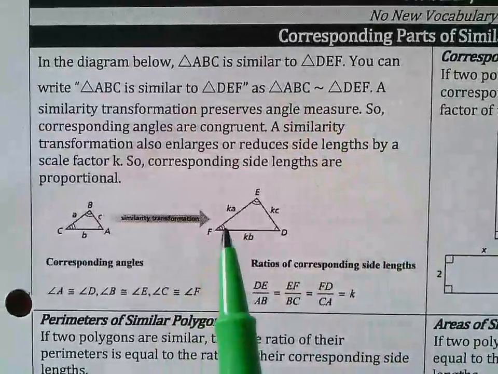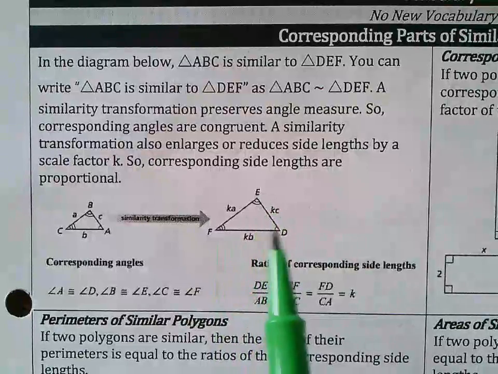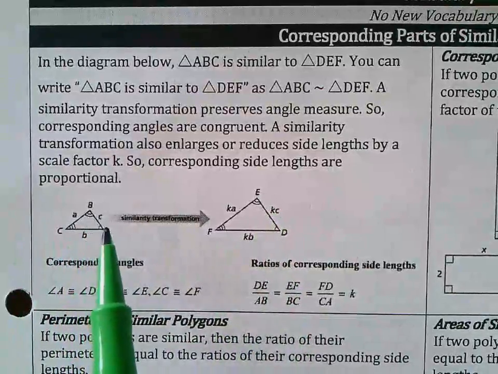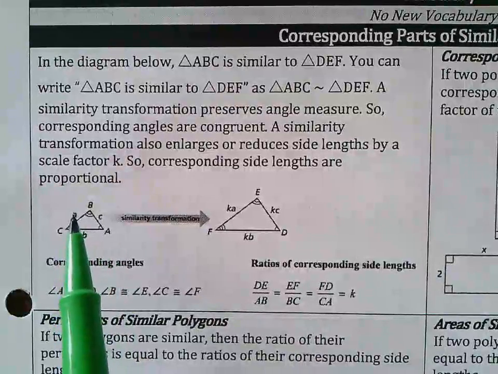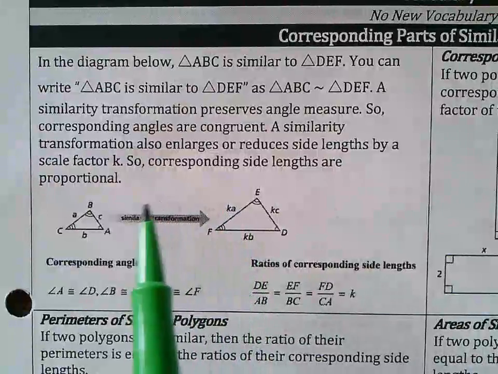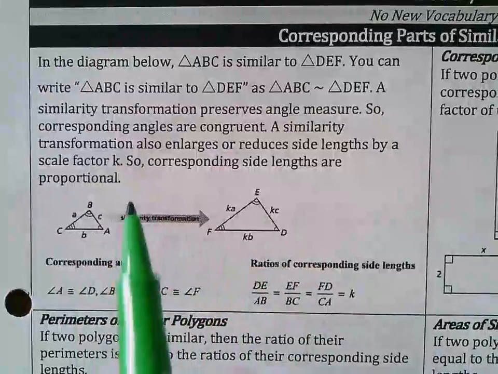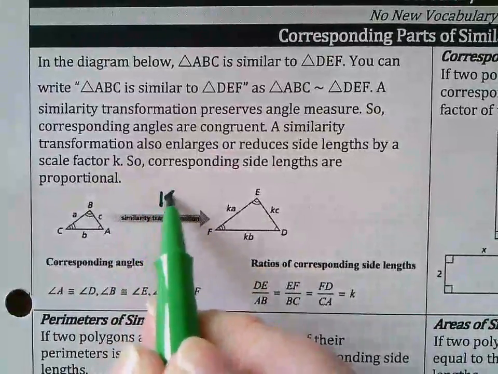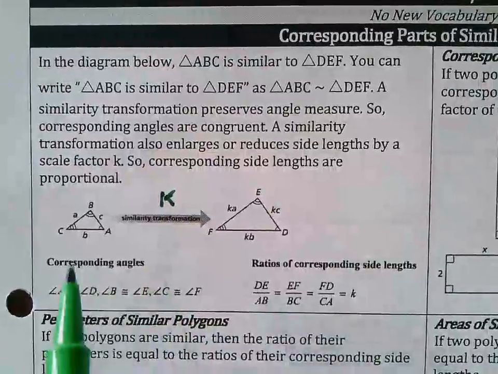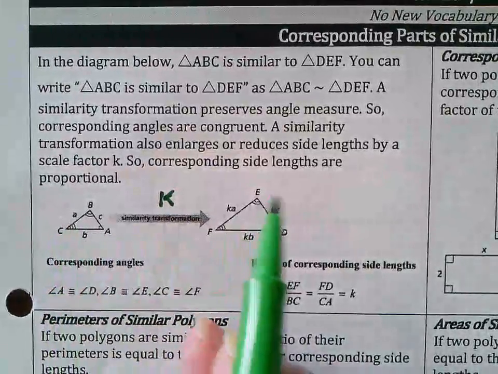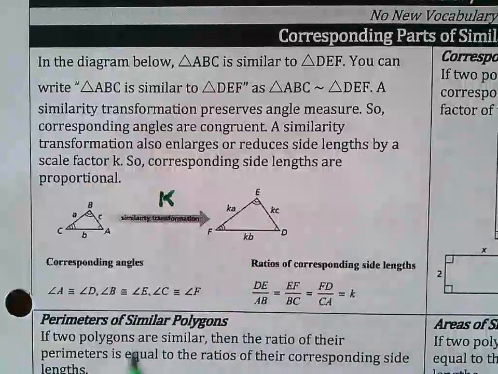Now, when you have something that's similar, you'll notice all the angles are exactly the same. But what's different is you have your A multiplied by the same thing that your C gets multiplied by, that your B gets multiplied by. So basically you have a factor of K here that you're multiplying by A, C, and B to get a bigger triangle.